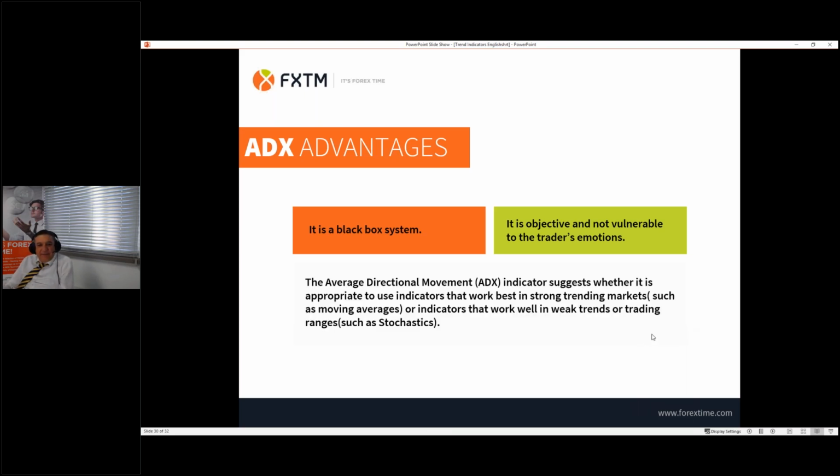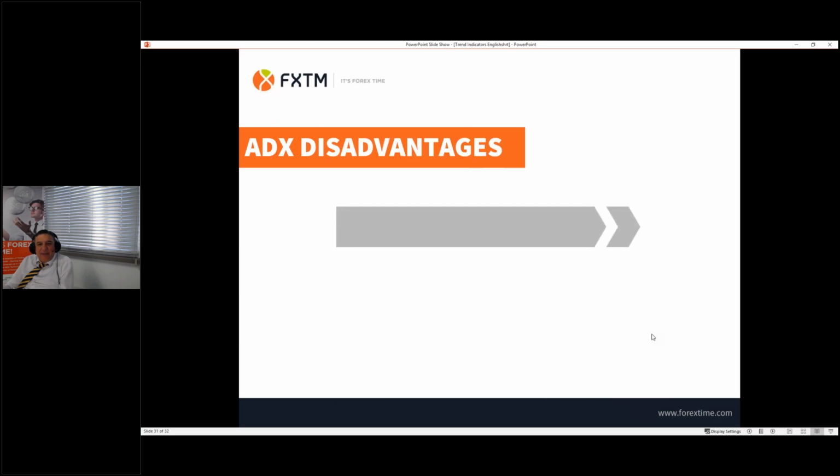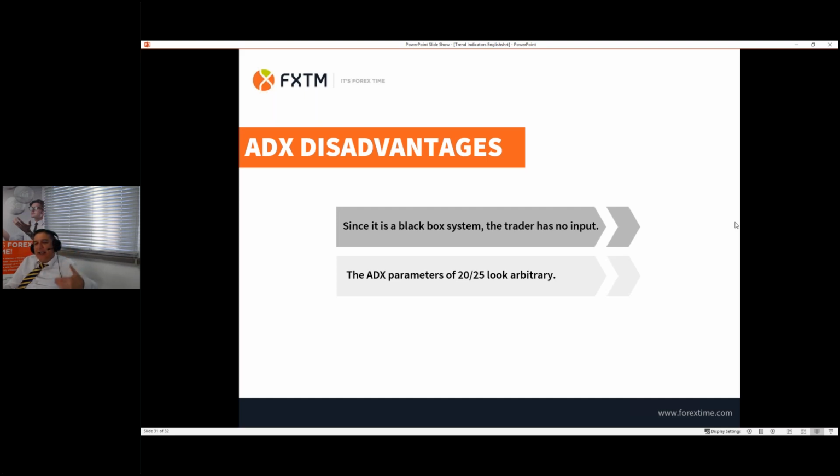All right? And of course, there are some disadvantages. Since it's a black box system, the trader has no input. The trader cannot decide on his or her own, cannot have an input to the system, and some people don't like that.